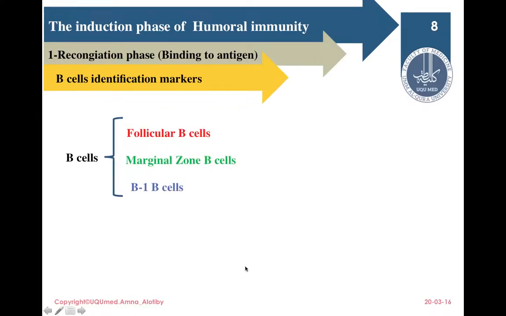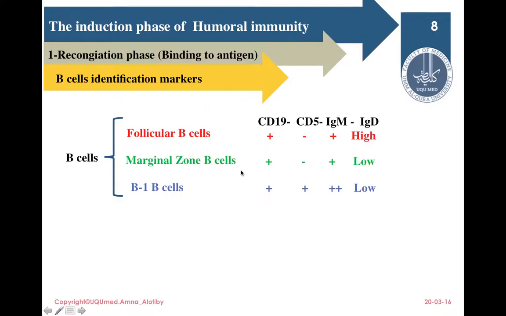If we want to identify these different B cell subsets, it's easy to do with a set of markers. Follicular B cells, marginal zone B cells, and B1 B cells can be differentiated on the basis of these markers. The follicular B cells have CD19, and IgM and IgD are quite high.